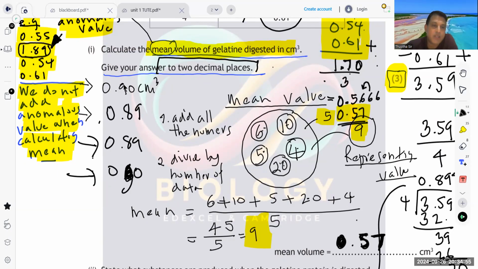For example, earlier we got 90, now we got 0.57. So that value is wrong. It doesn't fit the mean value. This is the correct mean value. This kind of question you always get in the exam, and you have to remember, remove anomalous value and calculate the mean.